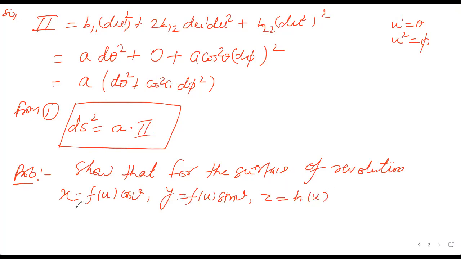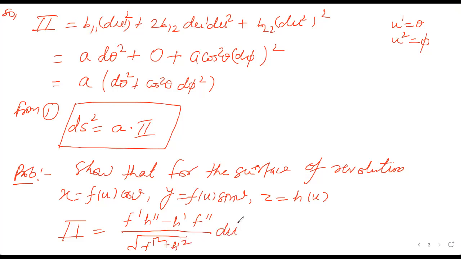So show that for this your second fundamental form is (f dash h double dash minus h dash f double dash) upon under root f dash square plus h dash square du square plus f h dash upon under root f dash square plus h dash square dv square.